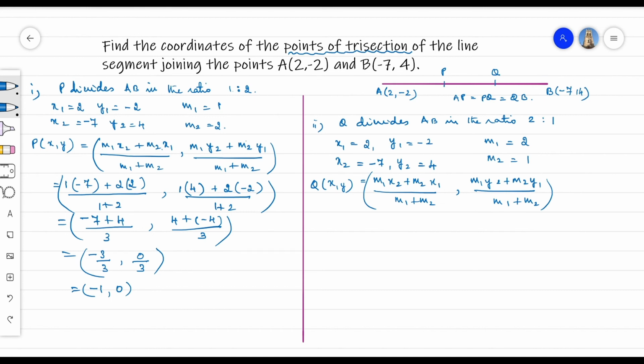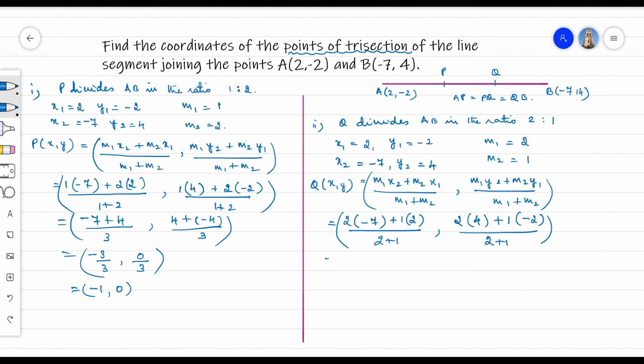Let us substitute the values here. The m1 is 2, x2 is minus 7, m2 is 1 and x1 is 2, divided by 2 plus 1, comma m1 is 2 and y2 is 4, m2 is 1 and y1 is minus 2 divided by 2 plus 1.